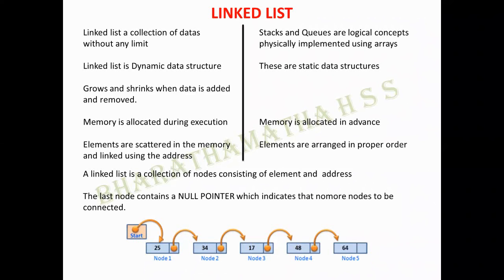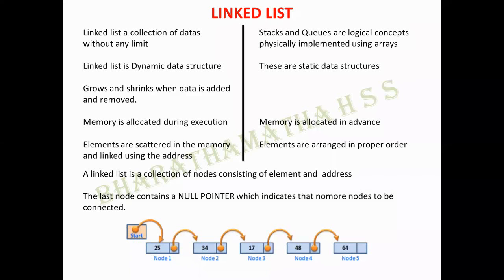Whereas in stacks and queues, it is static. Why? Because you are already fixing the maximum number of values. Next, a linked list grows and shrinks when data is added and removed. When required, you can include your data; if not, you can stop.